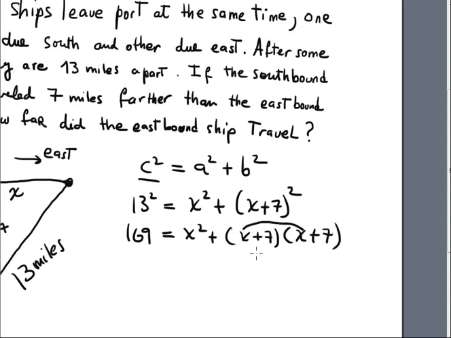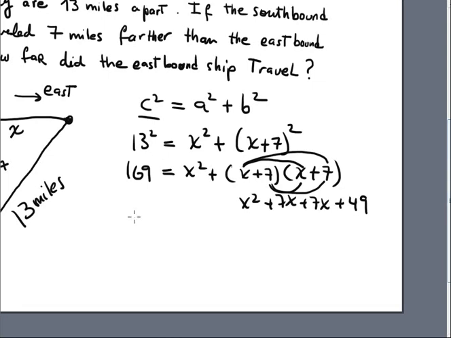It's x squared plus 7x plus another 7x plus 49. So far, the equation is 169 is equal to x squared, this, plus another x squared plus 14x, because 7 plus 7 is 14, plus 49.